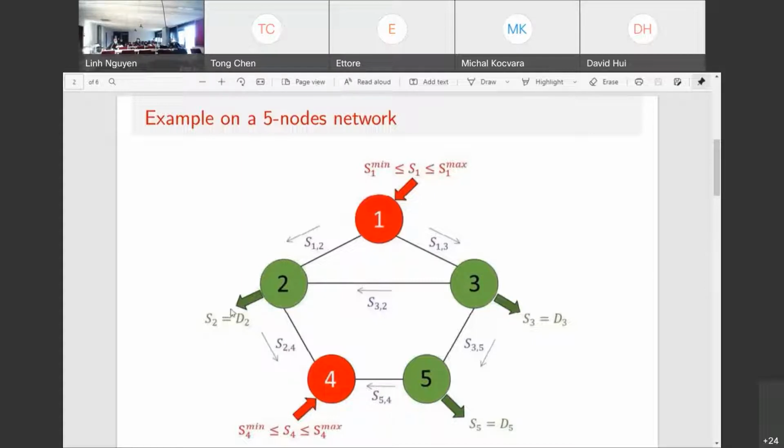Here it looks like a simple client, but in fact it's a distribution grid, many kilometers of 20 kV grid and 230 volts grid. And this is generation. These are all complex variables. Here you have a real part representing active power and an imaginary part representing reactive power.